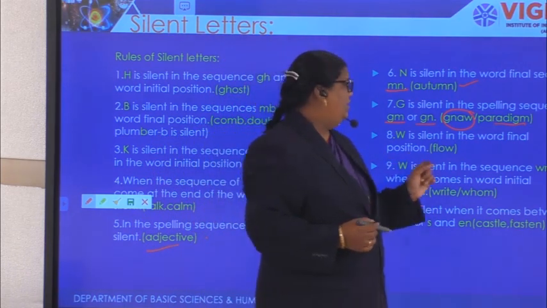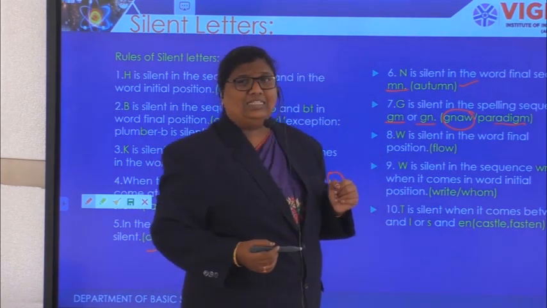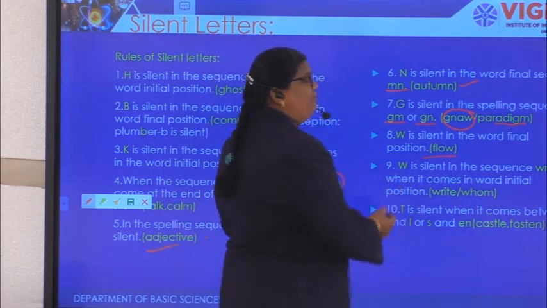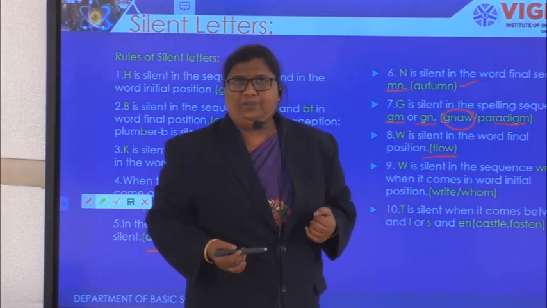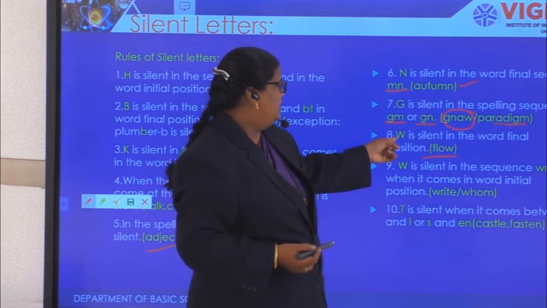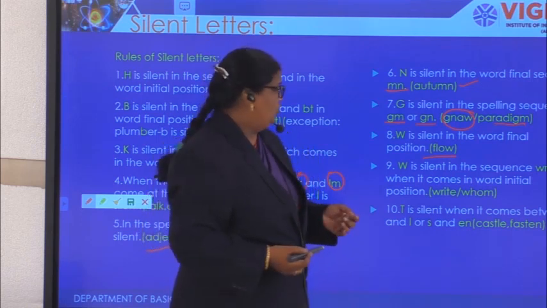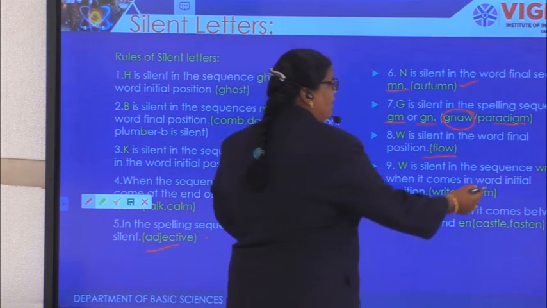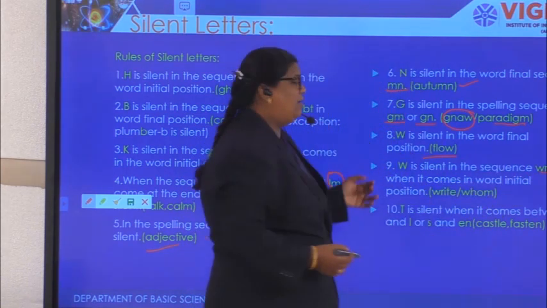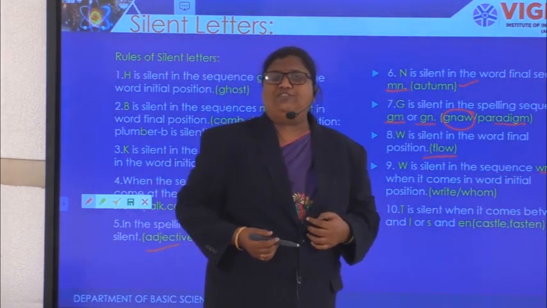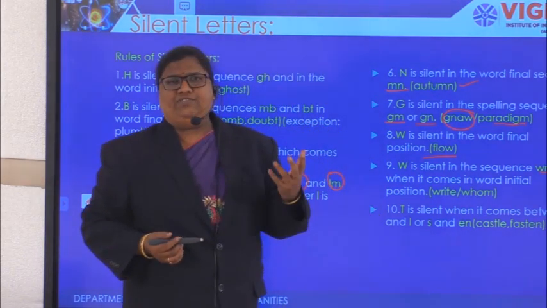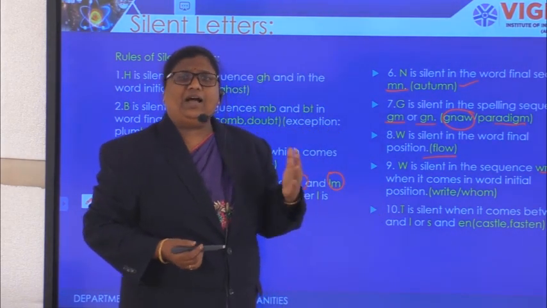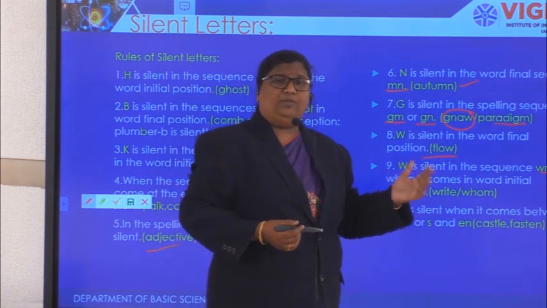And then W is silent in the word final position, like flow. You don't pronounce W at the word end position. And then W is silent in the sequence WR or WH when it comes in the word initial position, like for example write, whom.